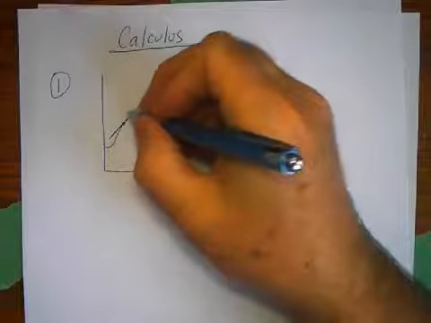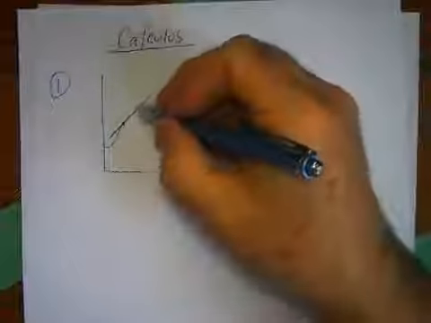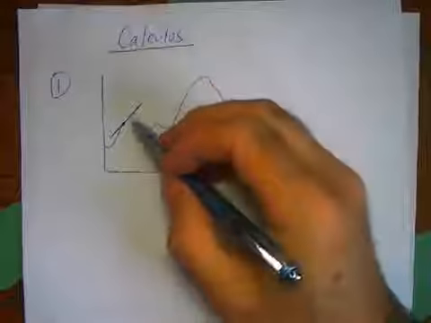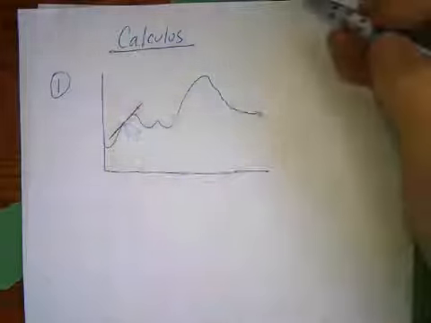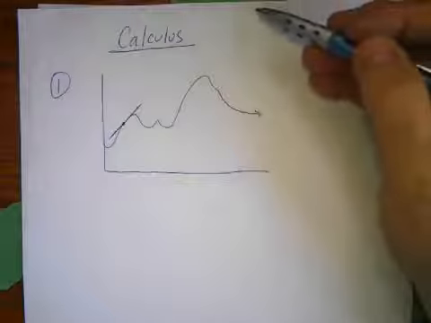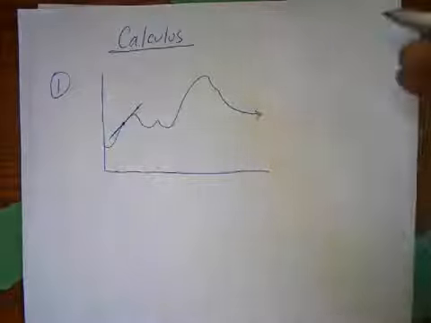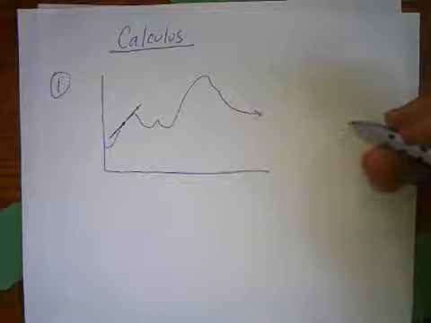But if we took that point and another point on that tangent and figured out, well, what's the slope of that line, that would be considered the slope at that point. Okay, now you can see doing it graphically is not very accurate. So in calculus, we have an algebraic method of doing it that's exact.